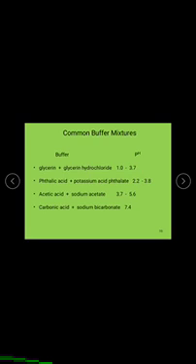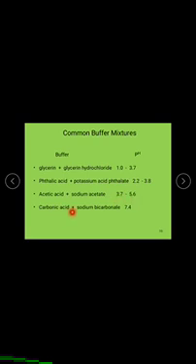Next one is phthalic acid and potassium acid phthalate, pH range 2.2 to 3.8. Next one is acetic acid and sodium acetate, 3.7 to 5.6.